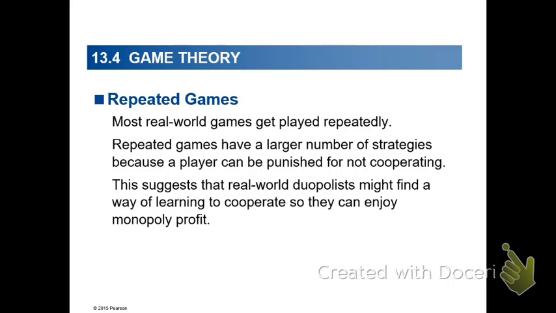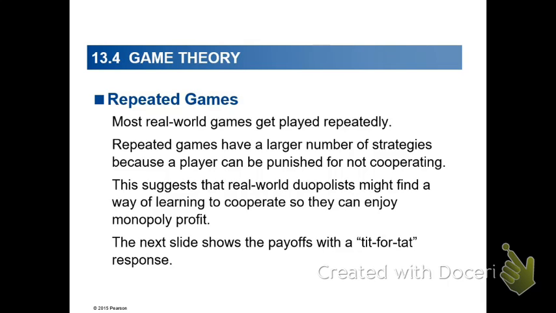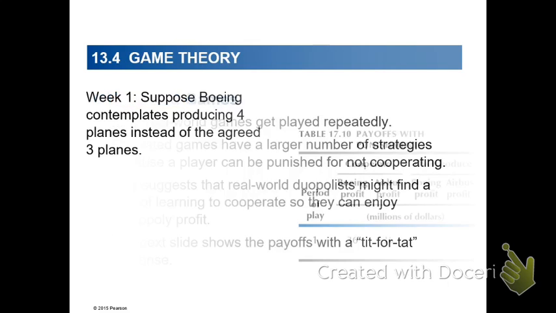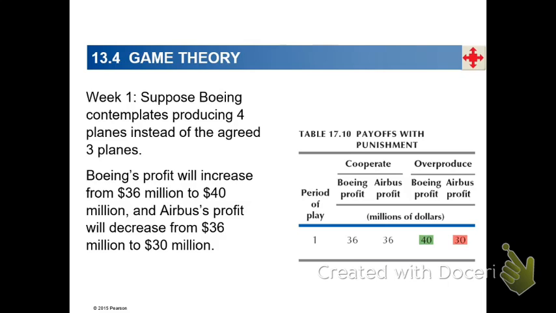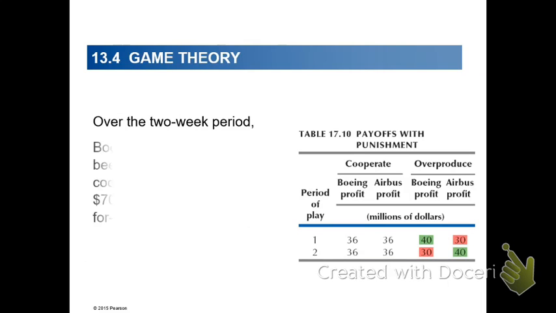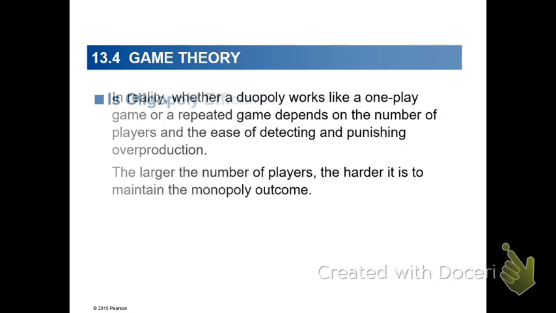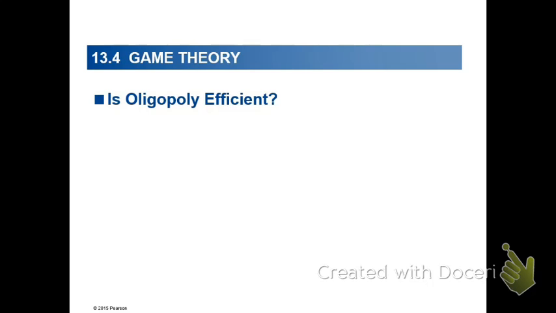And in that case, if you choose one strategy today and then try to deviate from that strategy in the next period, you could be punished. So in repeated games, there could be some kind of penalty associated with cheating on your competitors, and that could really dramatically change the outcomes. I hope that you will read that on your own. And that is sort of where we want to leave off.